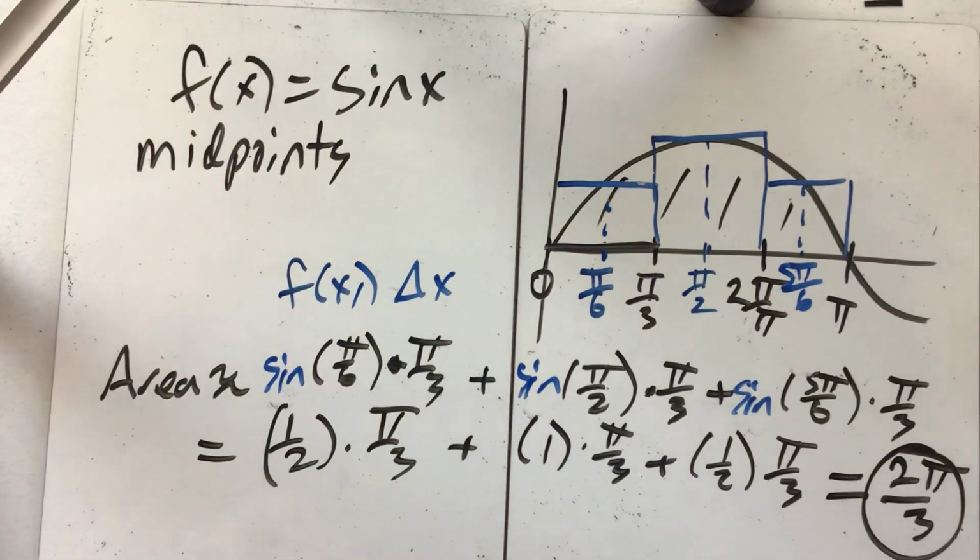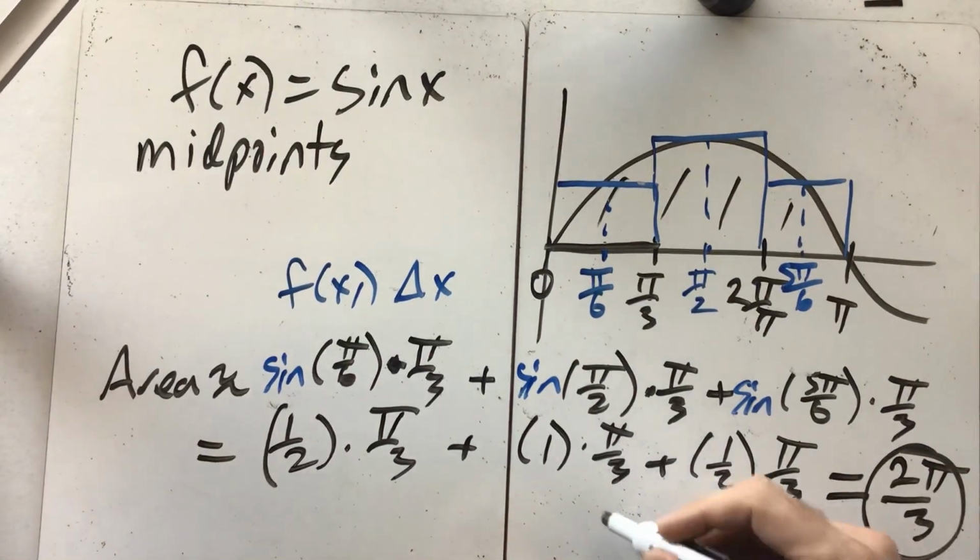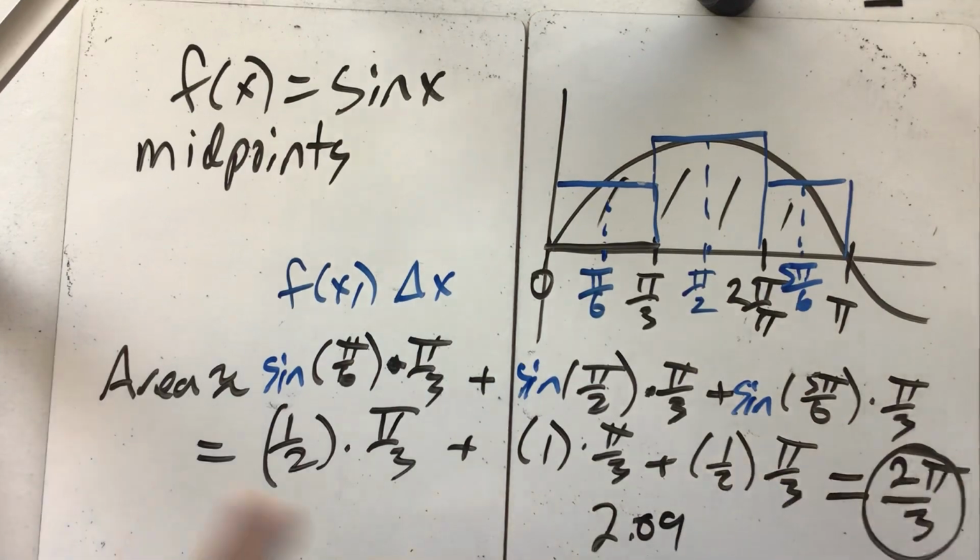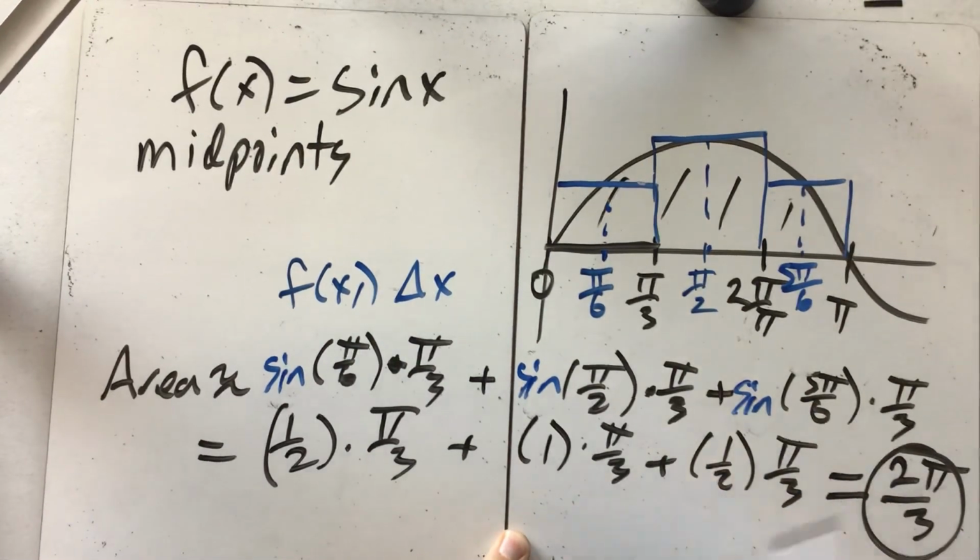So 2 pi over 3 is what you get. If you wanted, we could make that into a decimal, and it would be 2.09. But I think 2 pi over 3 is a better approximation than 2.09. Okay, so that's how we do these problems.